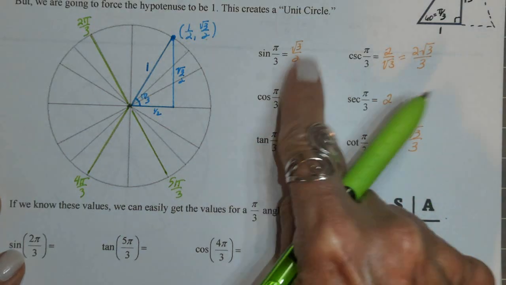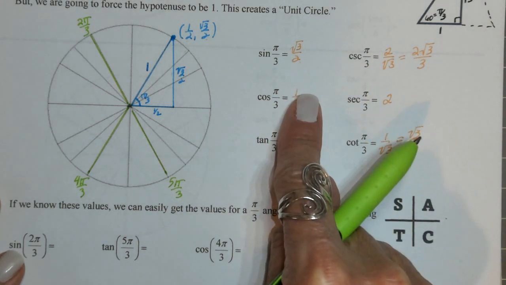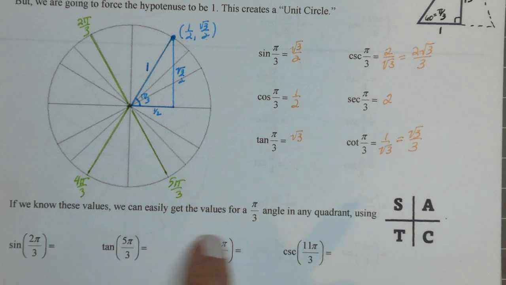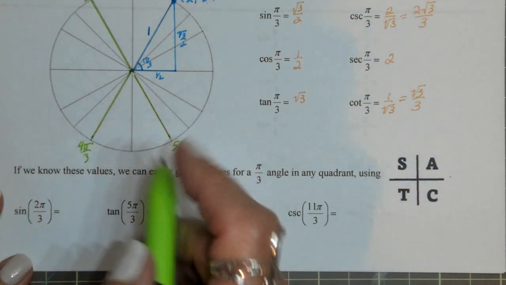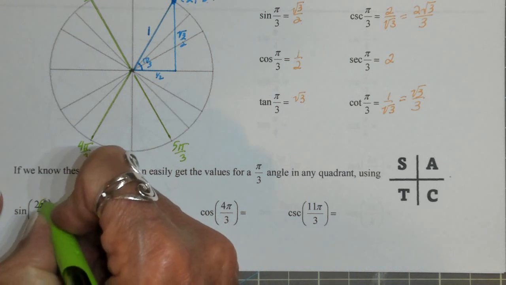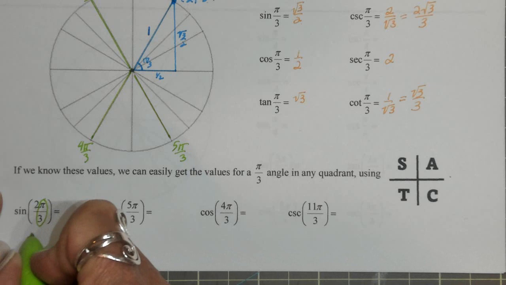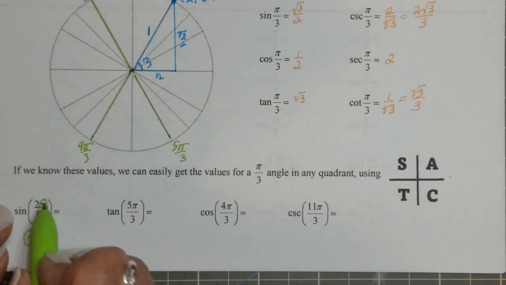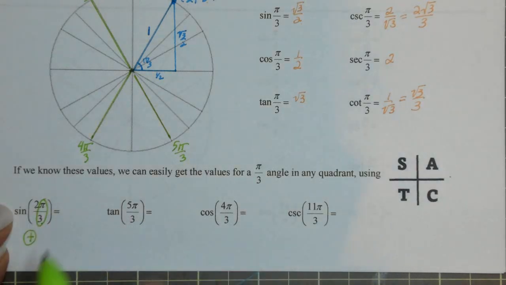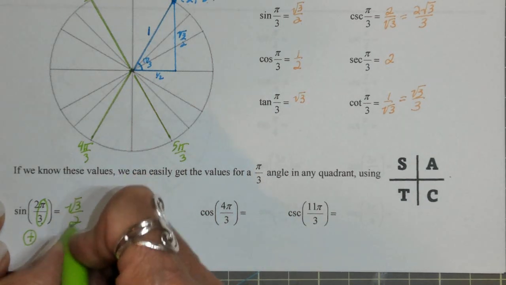If I know these well, then I can easily get any other pi over 3 reference angle. This is in the second quadrant, where sine is positive, but it's a pi over 3, and I know that sine of every pi over 3 is square root of 3 over 2. So it's going to be a positive square root 3 over 2.